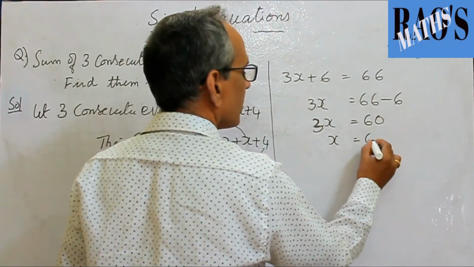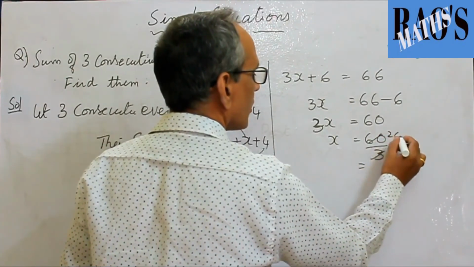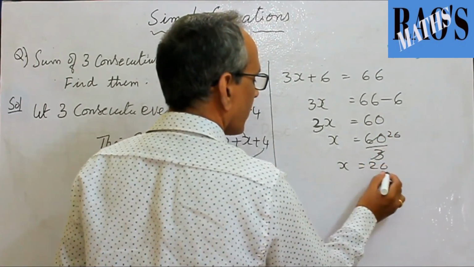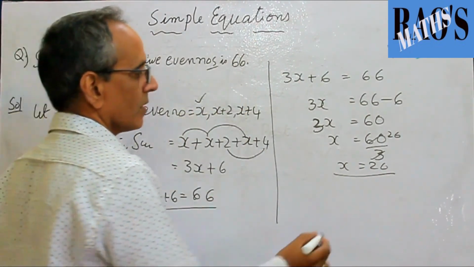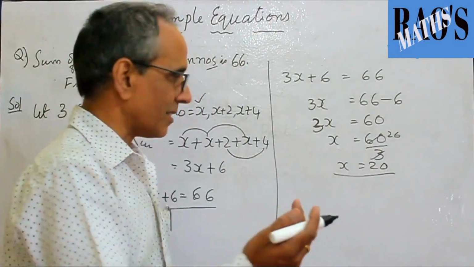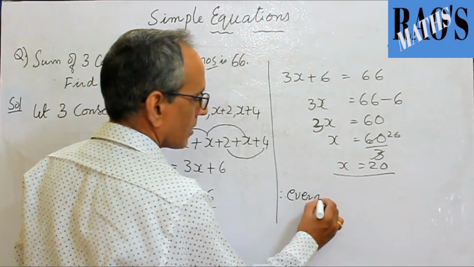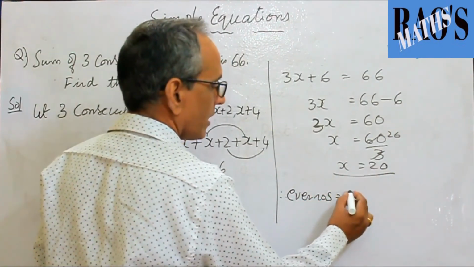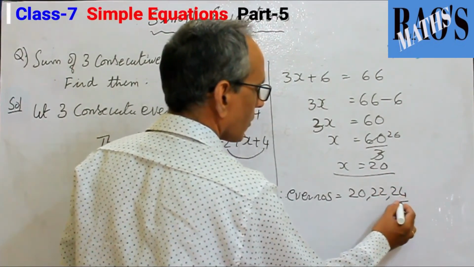X is equal to 60 by 3, which gives 20. So we got the x value, that means the first even number is 20. What are the next two even numbers? Clear. Therefore, the even numbers are 20, 22, 24.